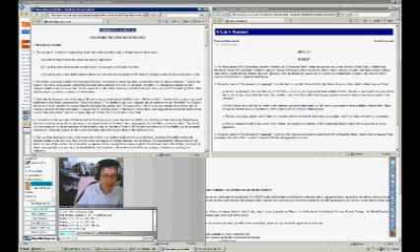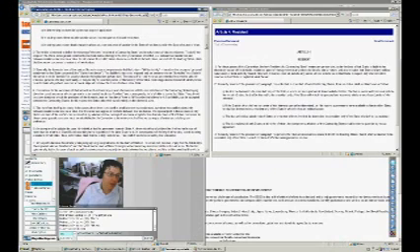Okay, so the question at hand, the one I want to look at, is what does subject to taxation mean? Or the actual language is liable to tax.